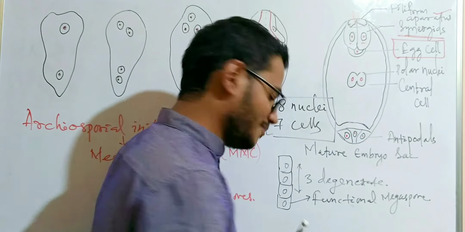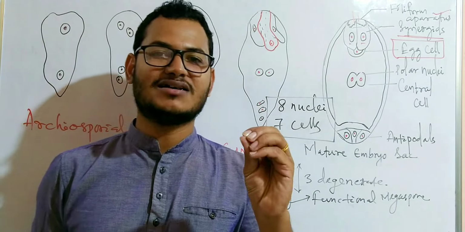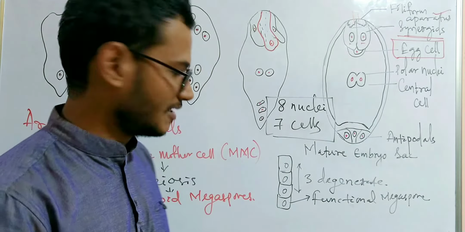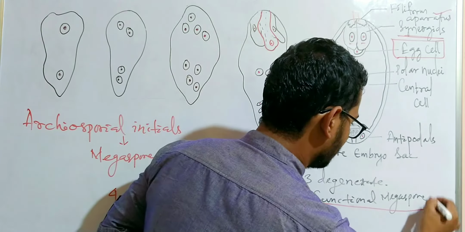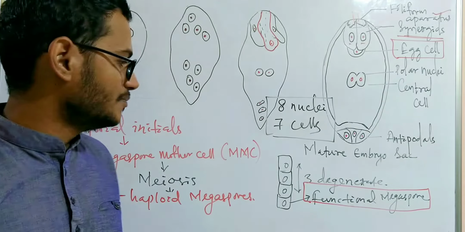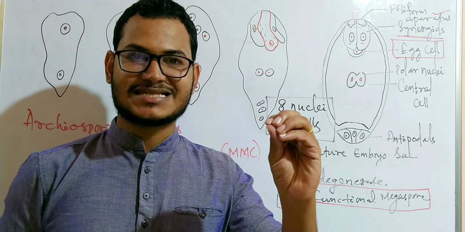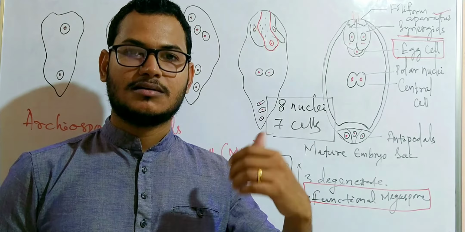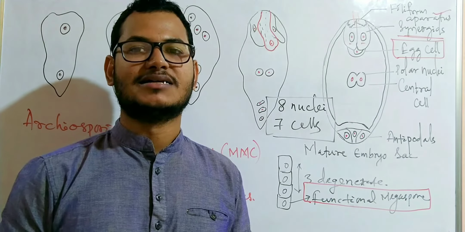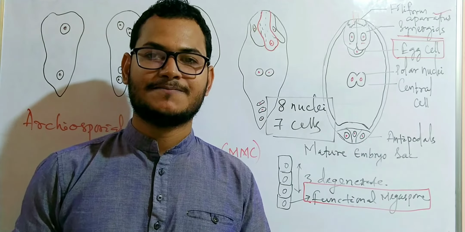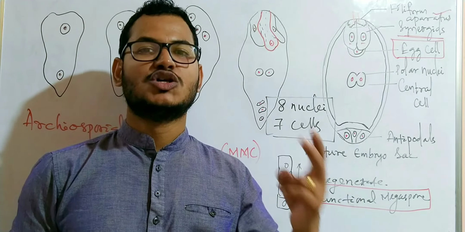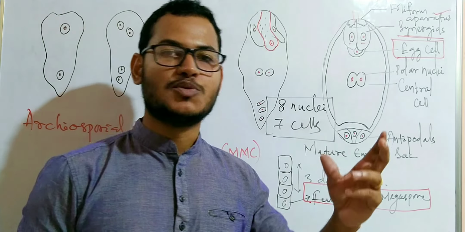So the functional megaspore is, remember, the first cell of the female gametophyte or embryo sac. It is very important because from this cell the other cells will be produced as a result of mitotic division. So after mitosis, two nuclei are formed and move to opposite poles.